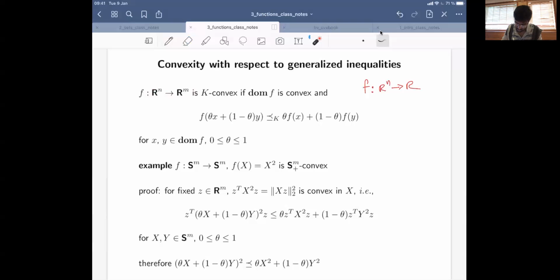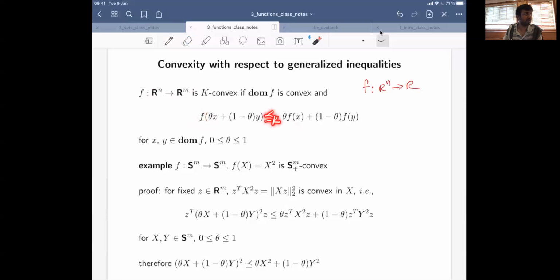So how do you compare this? For example, if f is a mapping from Rn to R, we had the normal Jensen's inequality for convexity. Now it's not Rn to R, it is mapping to a vector in Rm. So now f gives you a vector. So how do you define the inequality? Using a cone.